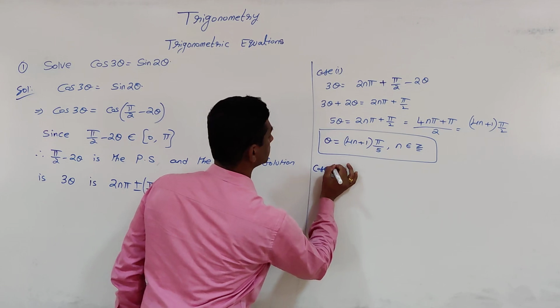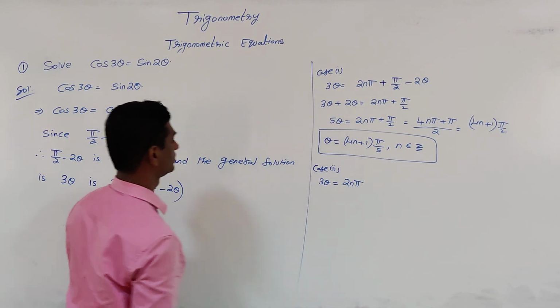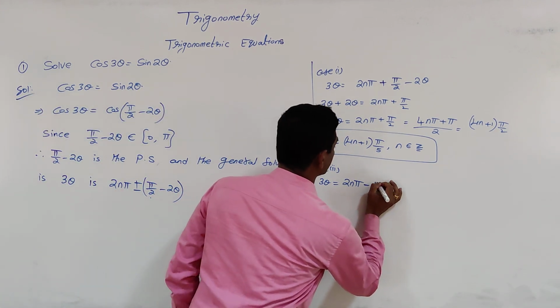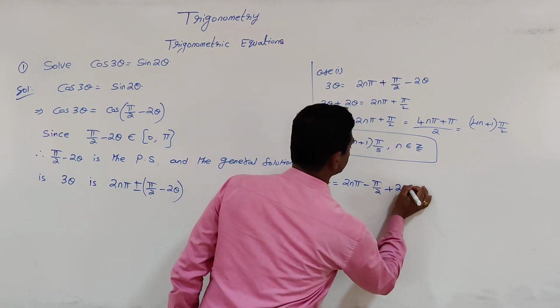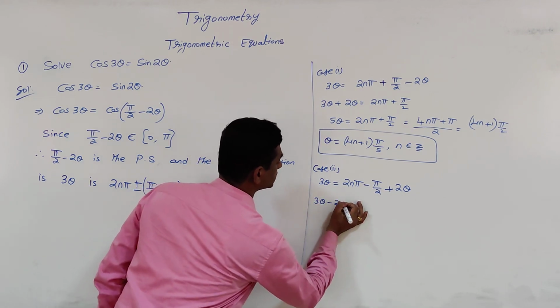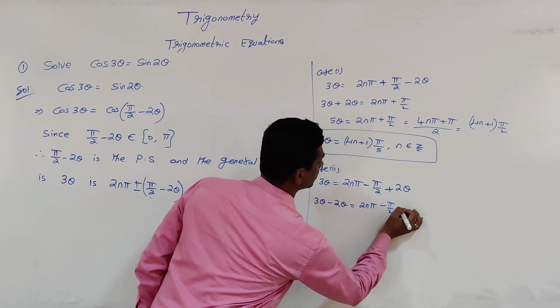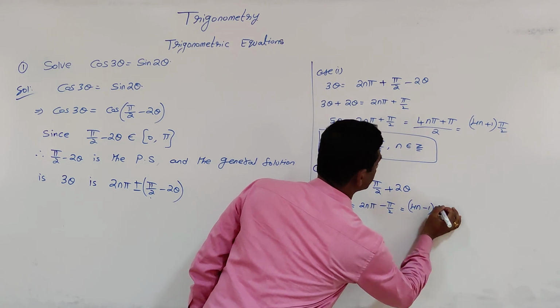Case 2: 3 theta is equal to 2n pi minus of pi by 2 minus 2 theta, meaning minus pi by 2, and minus of minus becomes plus 2 theta. Bring this 2 theta to the left side. 3 theta minus 2 theta is equal to 2n pi minus pi by 2, or take the LCM, it will be 4n minus 1 times pi by 2.